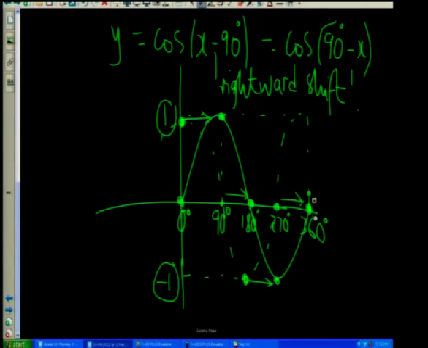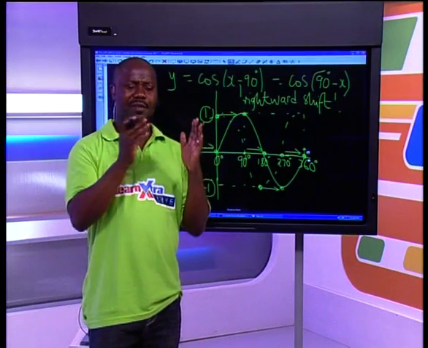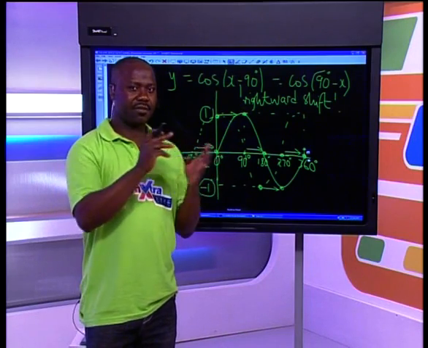So what used to be, if I can just extend it to that side, minus 90 degrees, now corresponds with 0 degrees because we have moved it 90 units. Now, what you'll notice therefore is that cosine of 90 minus x is the same as sine of x.